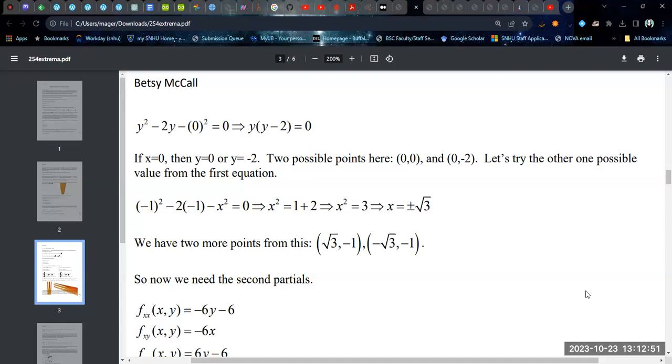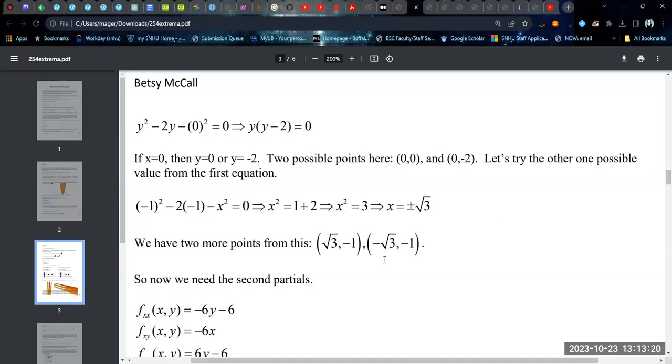And then the alternative is I can plug y equals negative 1 into that second equation. And if I simplify that, I'm going to end up with x squared is equal to 3, or x is plus and minus the square root of 3. So both of those have y coordinates of negative 1, but now I have x as plus and minus square root of 3 as possible scenarios.